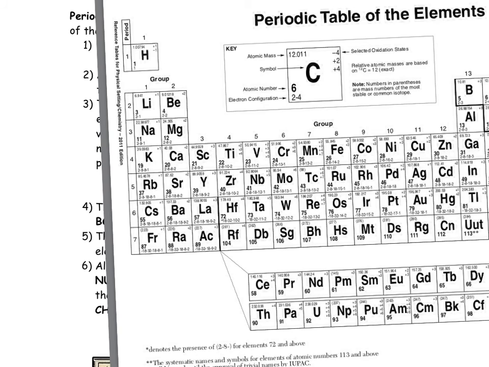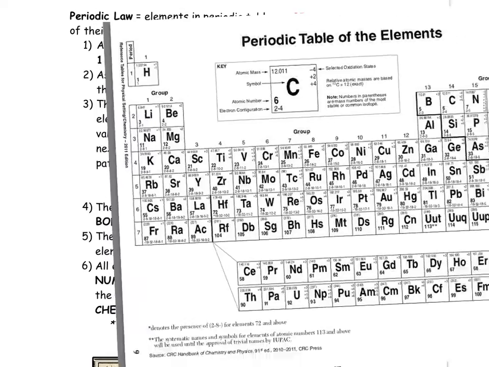It also makes them so that they all have the ability to make the same number of chemical bonds. Lithium can form 1 bond. Sodium can form 1 bond. Hydrogen can form 1 bond.